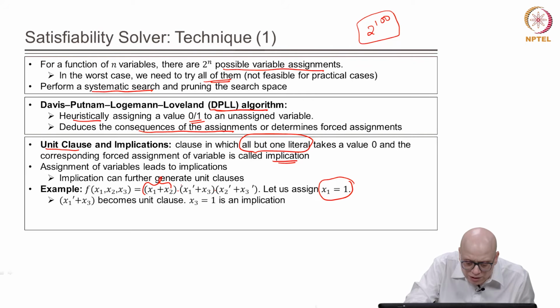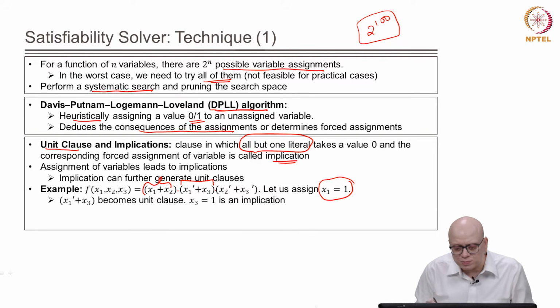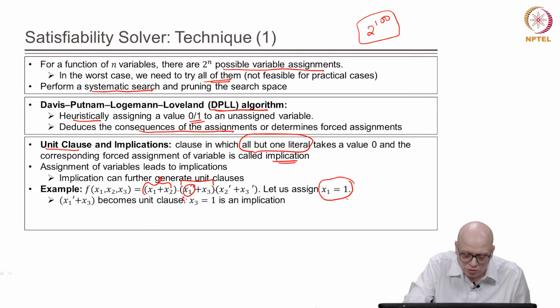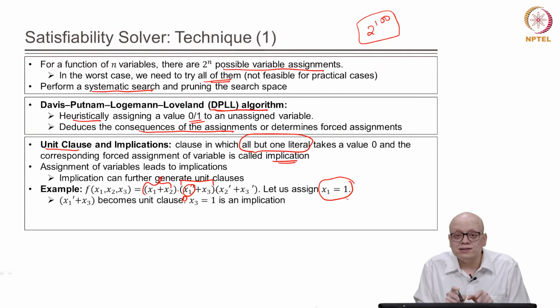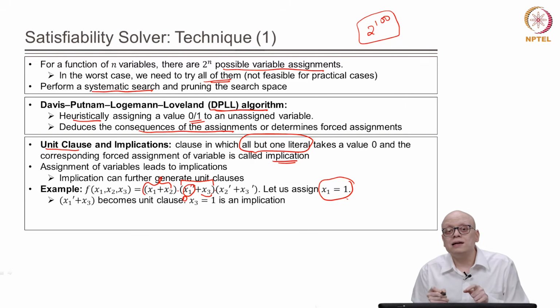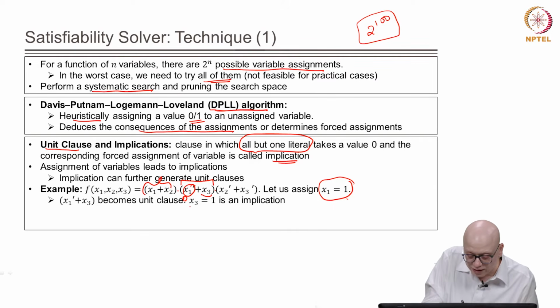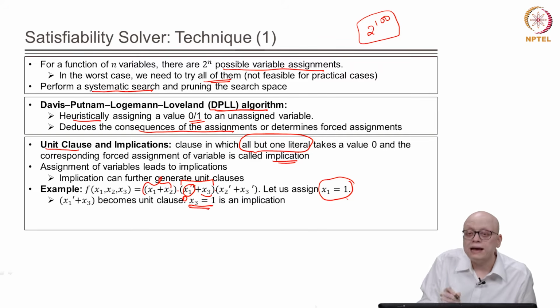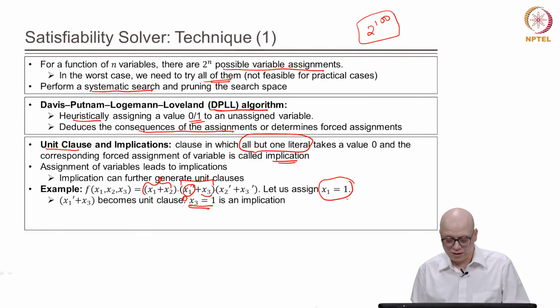Now, what happens to the clause x1' + x3? Since x1 is assigned 1, x1' becomes 0, right. Now, in this clause all but one variable, that is x3, is assigned a value 0. So, what do we need to assign to x3? We are forced to assign 1, and therefore x3 equal to 1 is an implication, right.